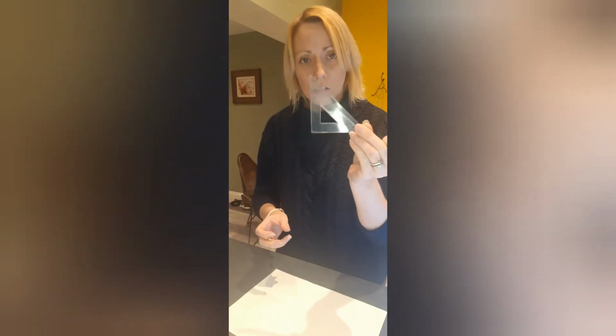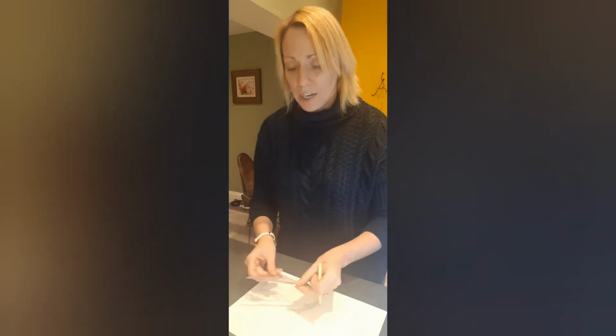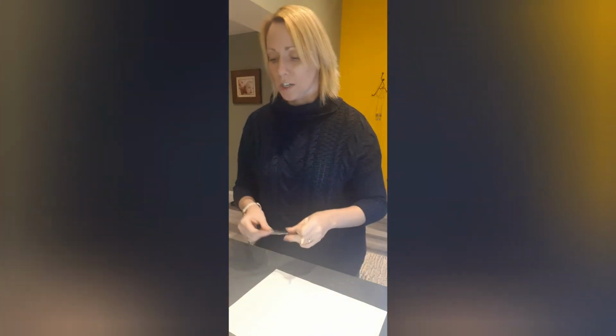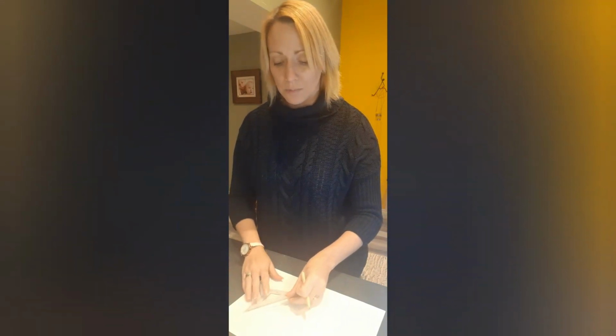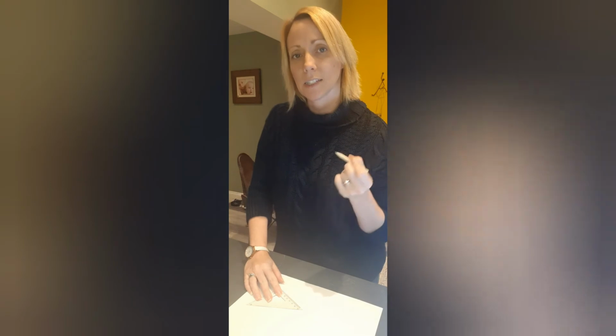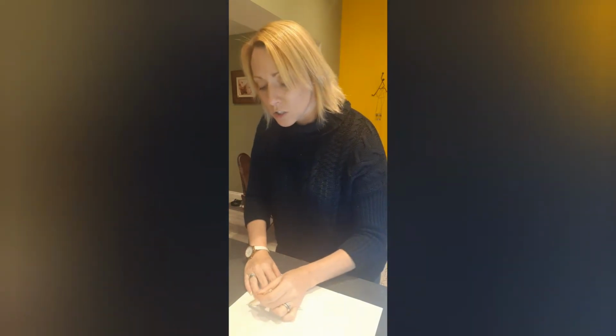I'm going to use one of these, and I'm going to have my text going down the slant. You could use a compass and have your text going around a curve, or you can just use a normal ruler and have your text going straight. So I'm going to have my text going slanty, and a construction line is a very, very light line. So you can just see it.